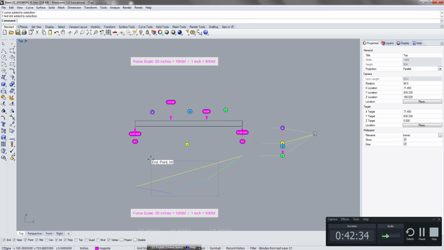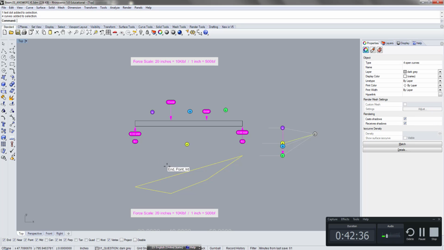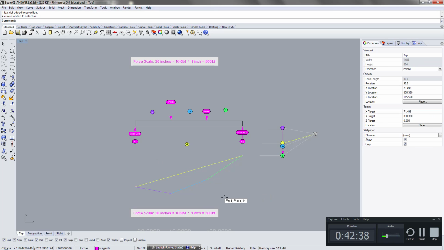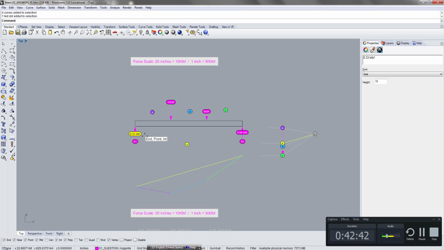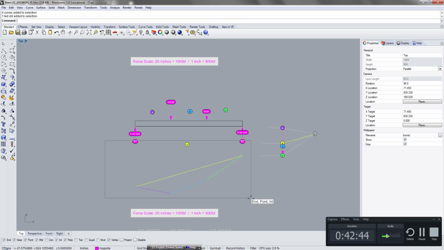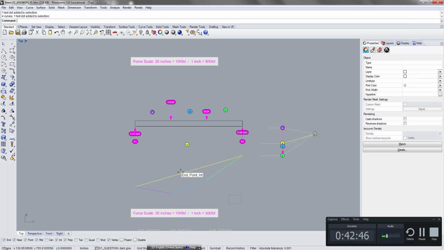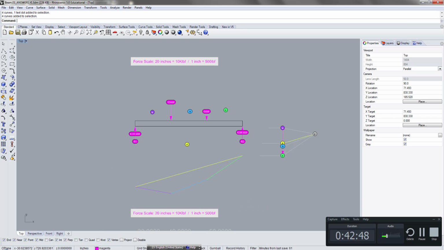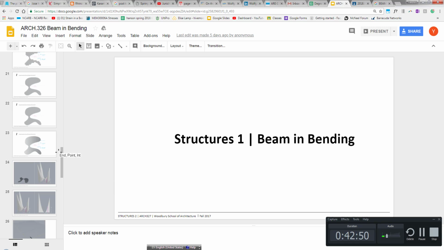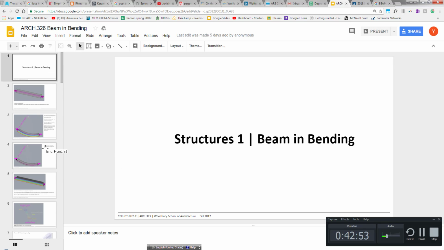But this diagram will be important in terms of identifying the reaction, as well as other things called the moment diagram, which I'm going to explain, and that's why we wanted to cover the concept of moment first last time.